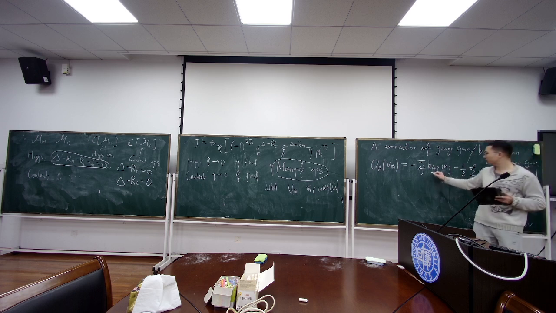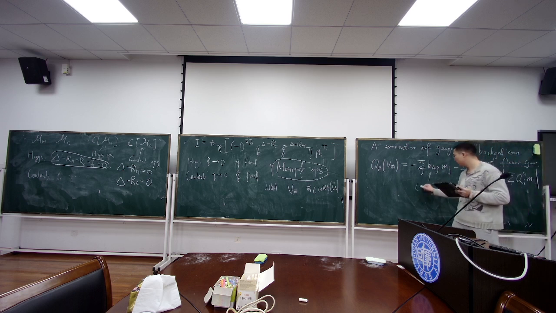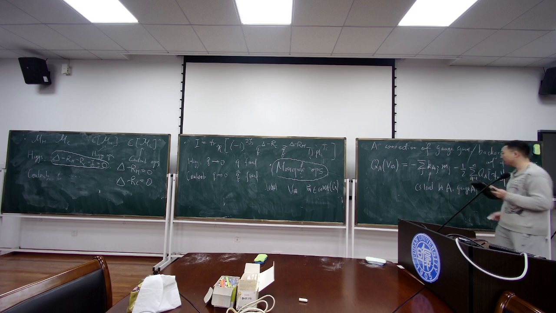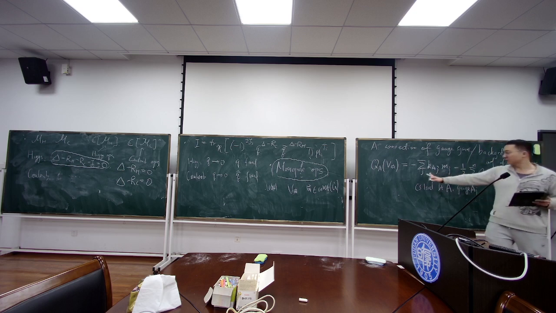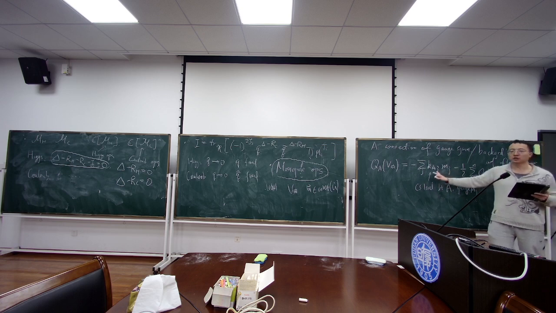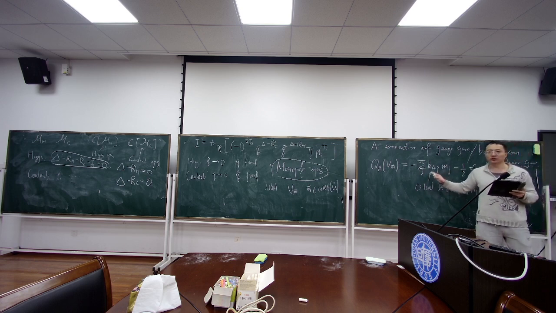So this level is the Chern-Simons level between the A symmetry and the gauge connection, A_J. Okay. So once you have some Chern-Simons level between this A and your gauge group, your monopole is possibly charged under that symmetry.